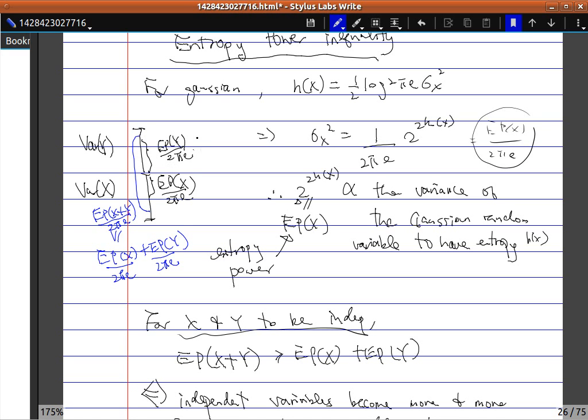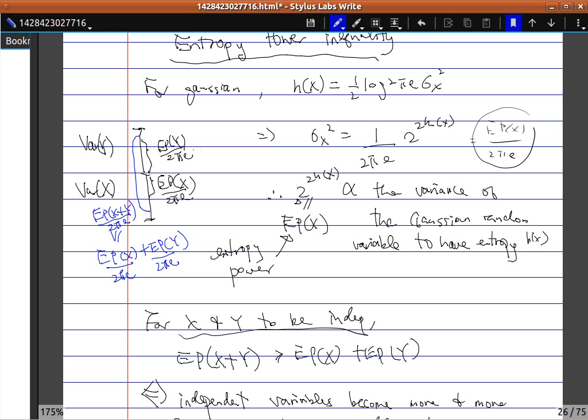Remember that variance is linear when we operate on a sum of two independent random variables. In other words, the variance of X plus Y is equal to the variance of X plus the variance of Y. So therefore, we expect that the entropy power applied to a sum of random variables should be superlinear, so that EP(X plus Y) over 2 pi e should be larger than this sum, right?